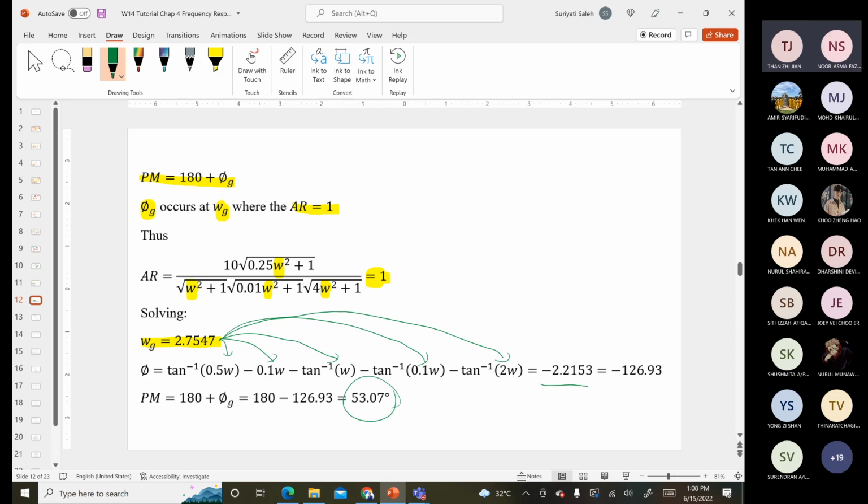If the question does not mention anything about plotting, then you can choose either the plot or the calculator. Let's say the question asks you to determine the stability of the closed loop transfer function based on the frequency response. If that is the case, then you are free to use either the calculator or plotting. Both are acceptable.